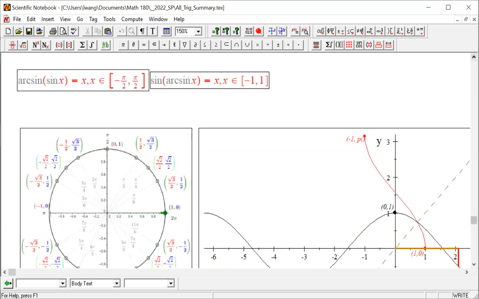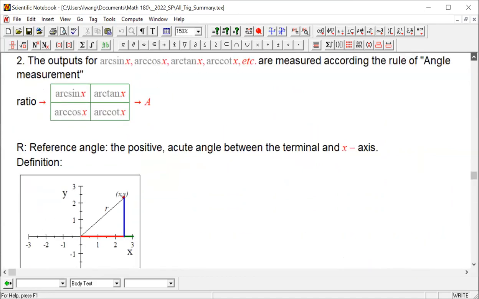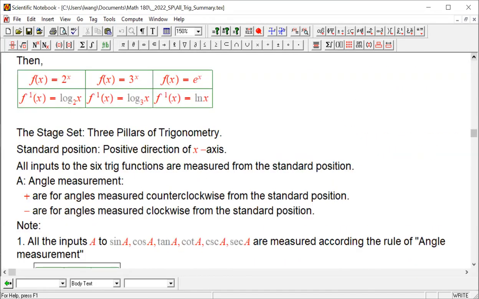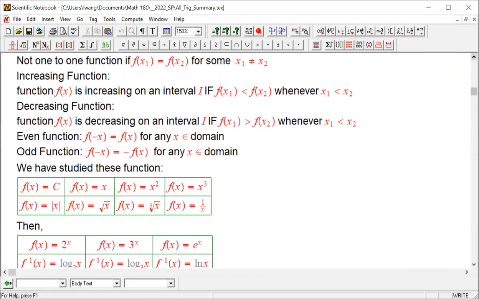When we talk about composition, we want to remind you of functions that are inverse to each other.